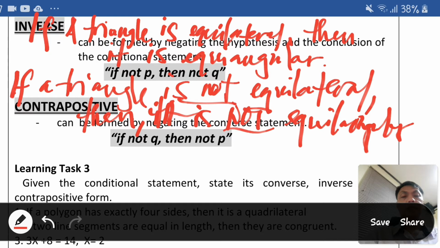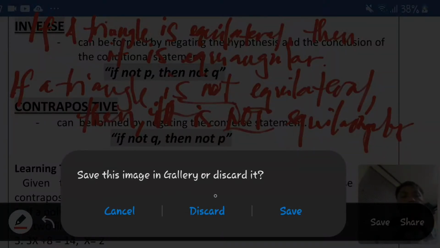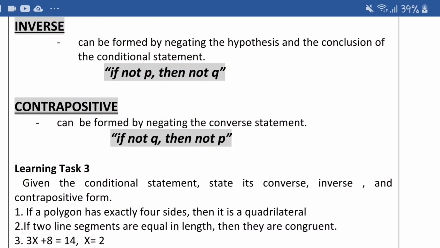How about the contrapositive of this statement? We said that to form a contrapositive of a statement, we have to form first its converse, because the contrapositive can be formed by negating the converse of that statement.